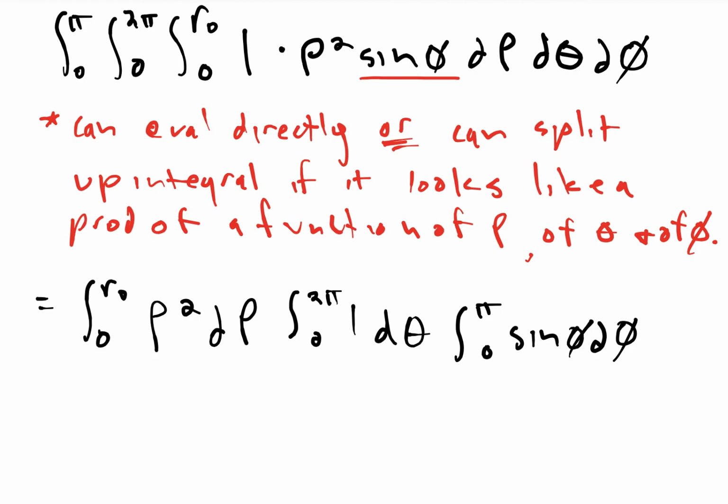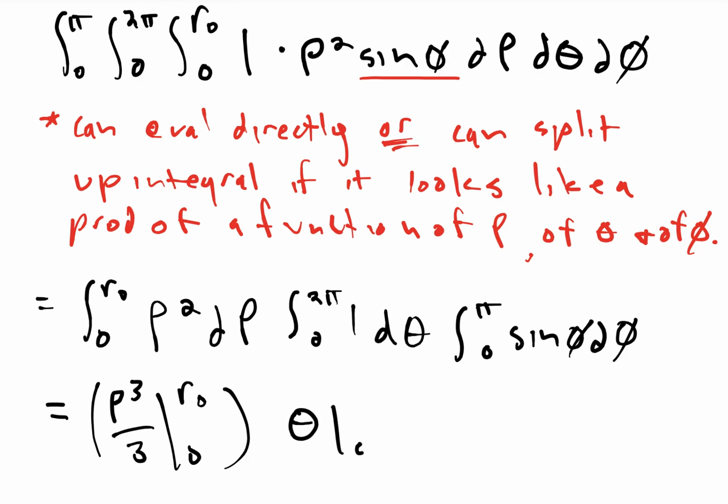If I do apply this trick, I've now got 3 single variable integrals, so this is basically 3 calculus 1, calculus 2 problems. I will get rho cubed over 3, evaluated between 0 and r naught. This needs to be multiplied by theta, evaluated between 0 and 2 pi.